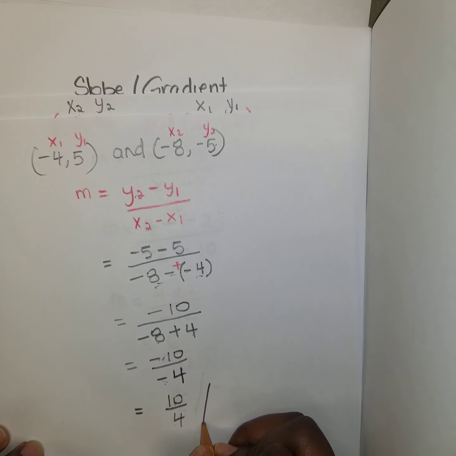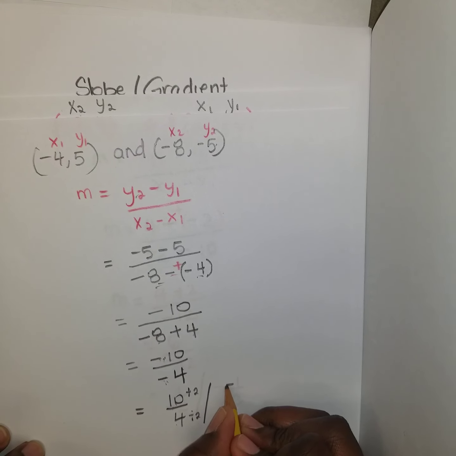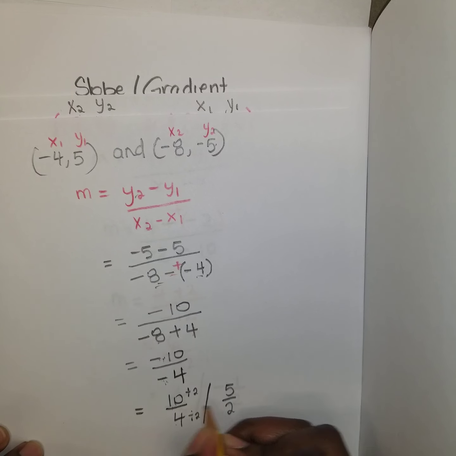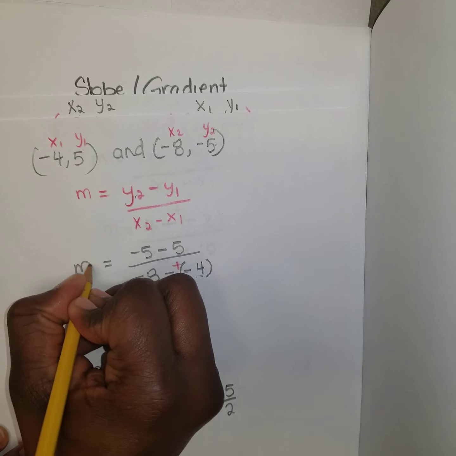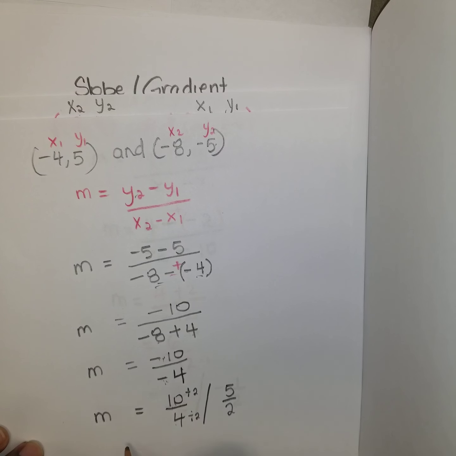So when you reduce it, you can divide this by 2 and divide this by 2 to give us 5 over 2. So m is equal to 5 over 2. And that's our answer right here. Or you can leave it as 10 over 4. It goes the same way.